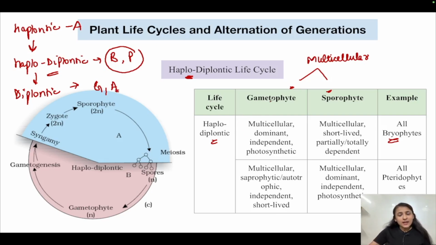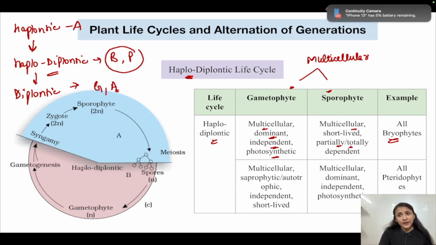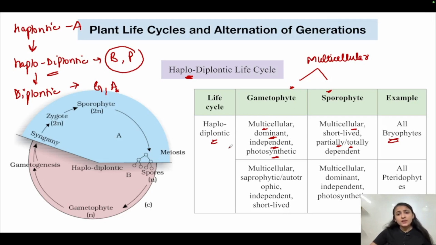In the haplo-diplontic life cycle, in bryophytes, the gametophyte is a multicellular, dominant, independent, and photosynthetic plant body. The sporophyte is also multicellular, but it is short-lived, and it is either partially or totally dependent upon the gametophyte. In pteridophytes, the gametophyte was a multicellular structure again, saprophytic or autotrophic, independent and short-lived.